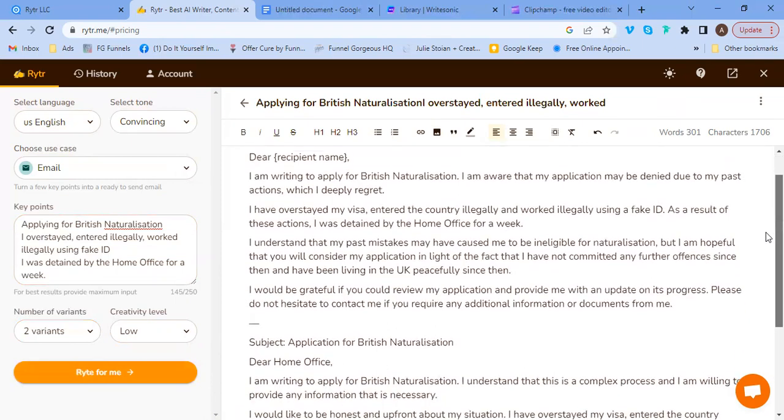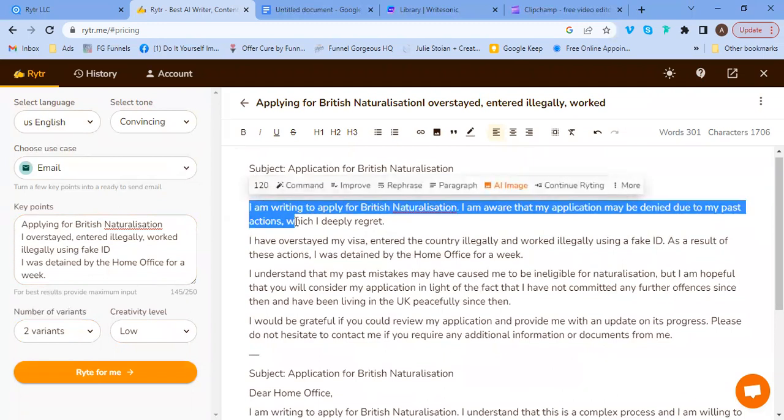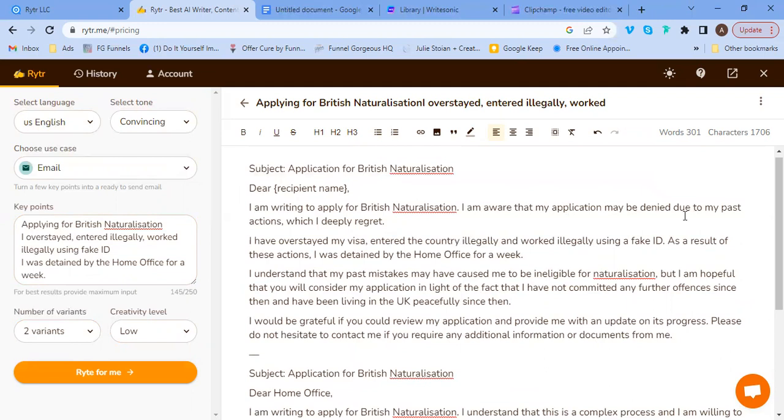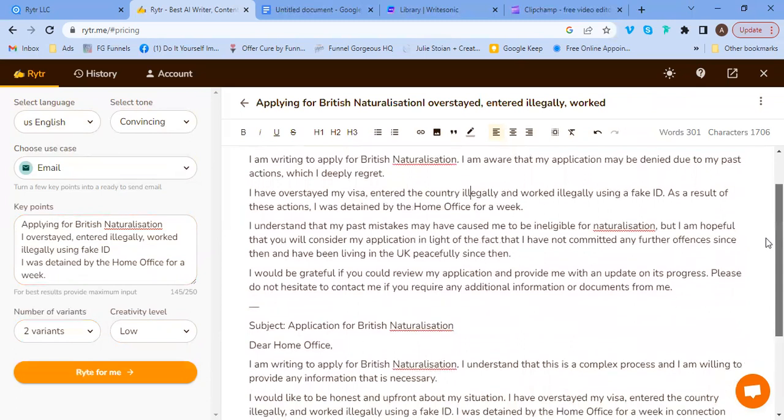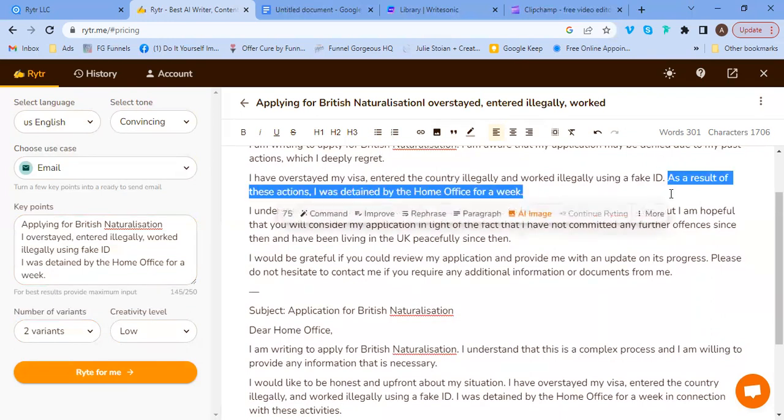This is the text that it chose. Let's see how accurate it is. "I'm writing to apply for British naturalization. I am aware that my application may be denied due to my past actions, which I deeply regret. I have overstayed my visa, entered the country illegally, worked illegally using a fake ID. As a result of these actions, I was detained by the Home Office for a week," which is not correct, because it doesn't follow.